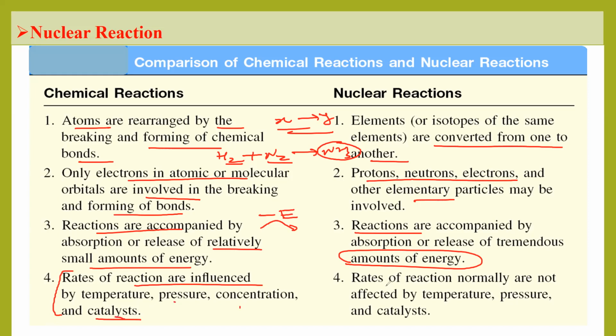But in nuclear reactions, there is no effect of temperature, pressure, concentration, or catalyst. So these are some basic differences between nuclear reactions and chemical reactions.